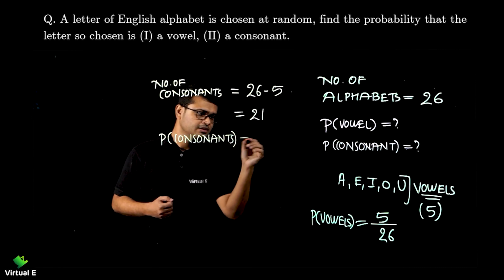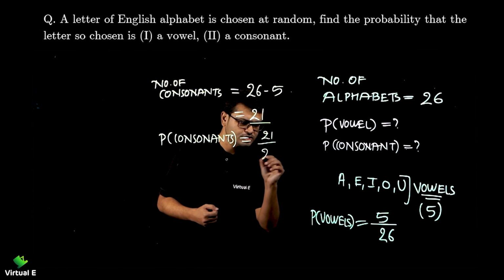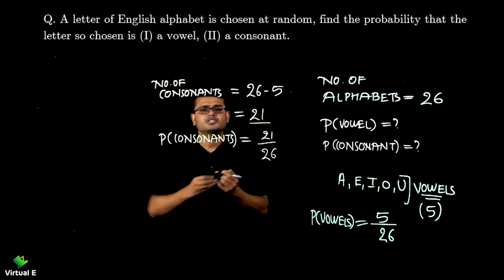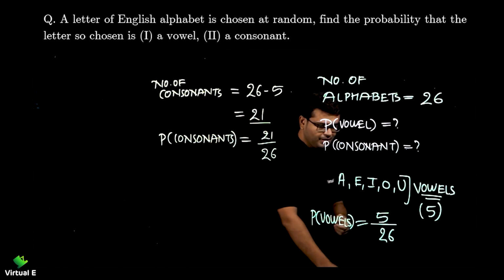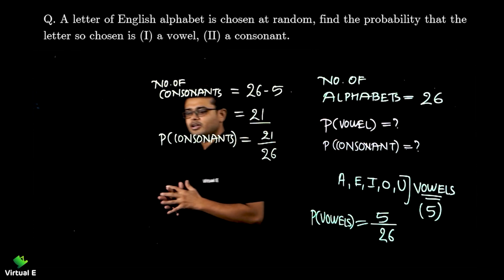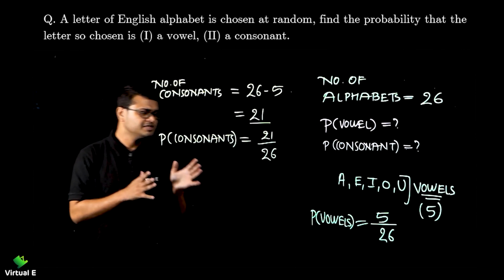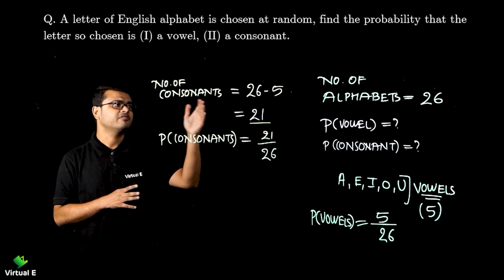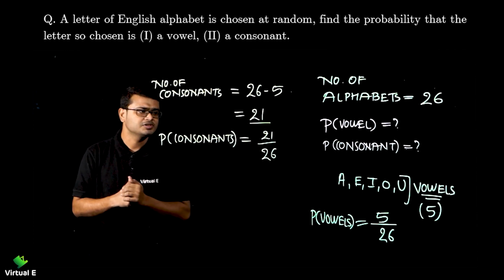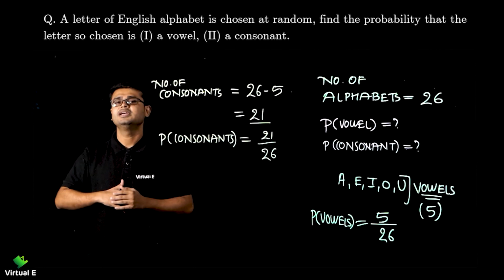The favorable outcome is 21 and total outcome 26. So probability of getting vowels is 5 over 26 and probability of getting consonants is 21 by 26. Very simple. You have vowels 5, subtract from 26, so you get the consonants. So favorable outcome over total outcome, so probability is 21 by 26.